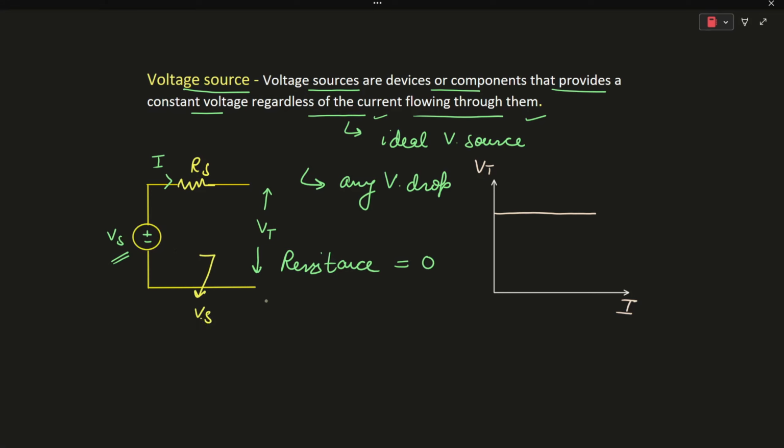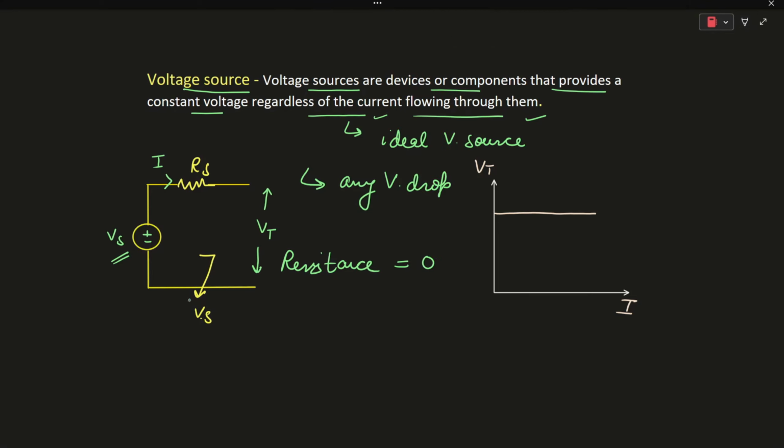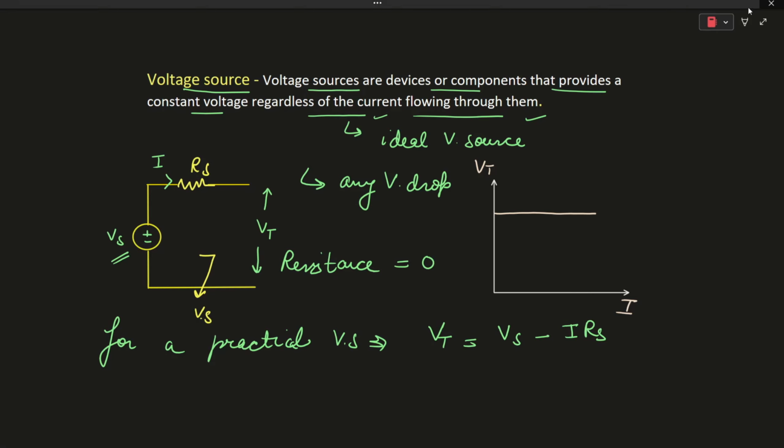So the equation for a practical voltage source will be Vt, which is the terminal voltage, equal to Vs minus I into Rs. And there will be a drop in the terminal voltage as we increase the value of the current.